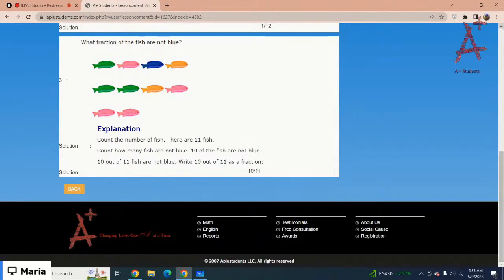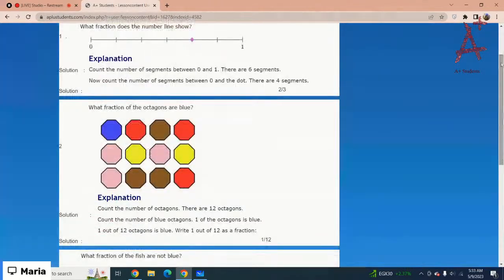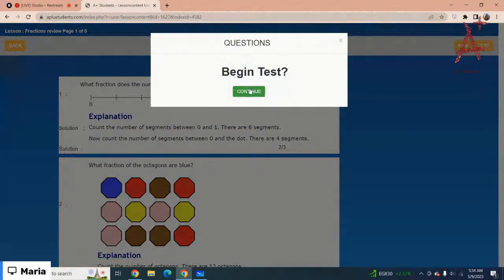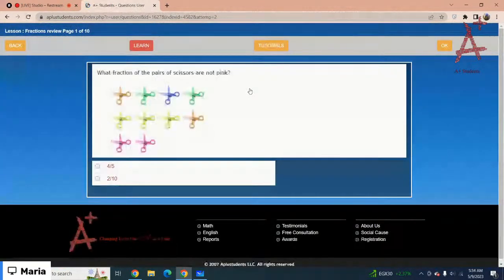Let's just start with the practice questions. What fraction of the pair of scissors are not pink? So which is the correct option?